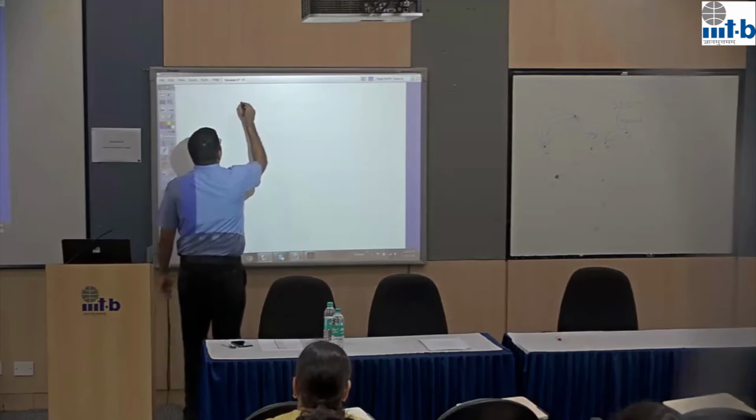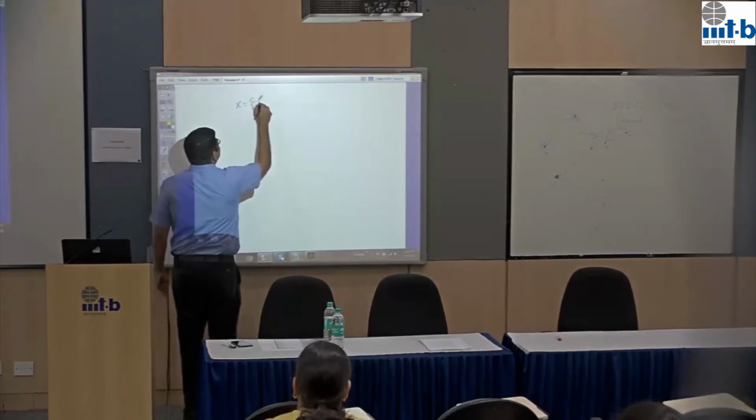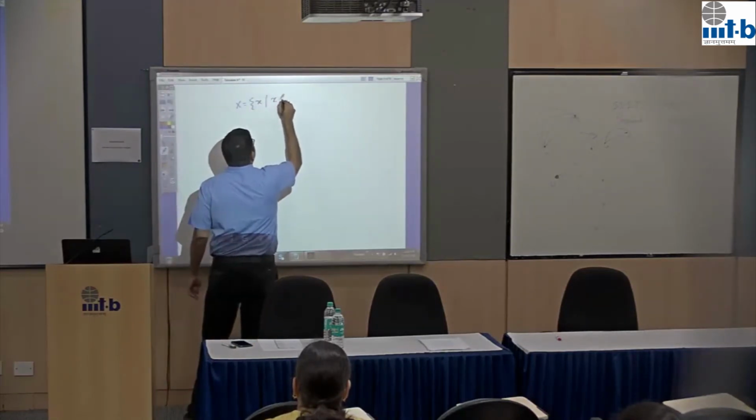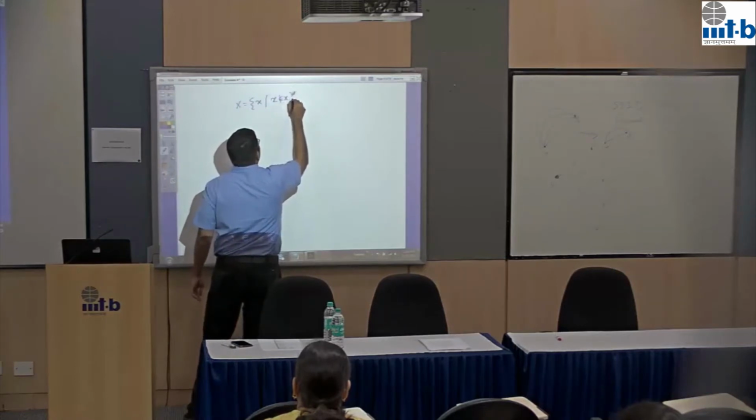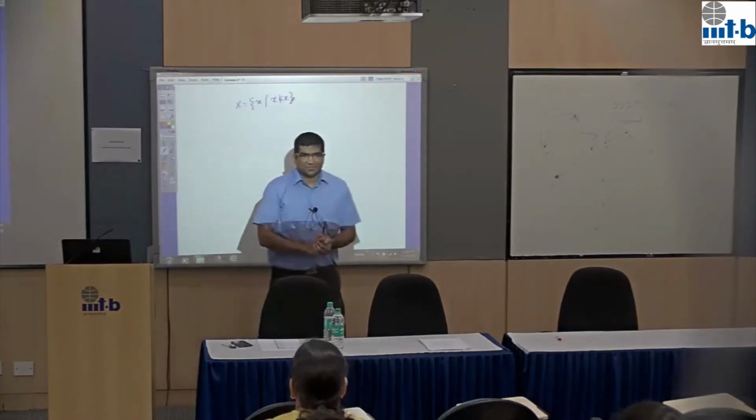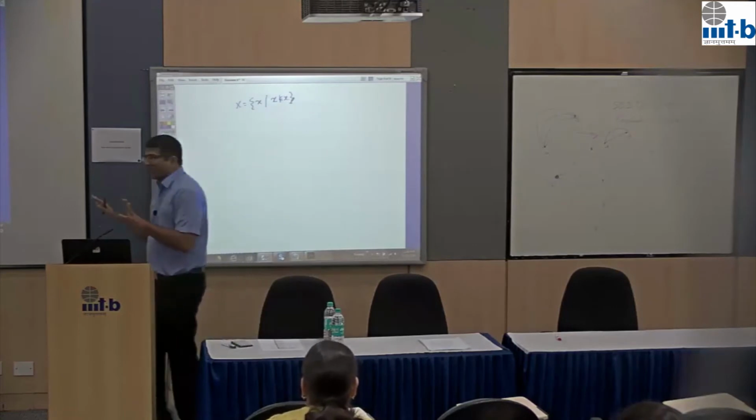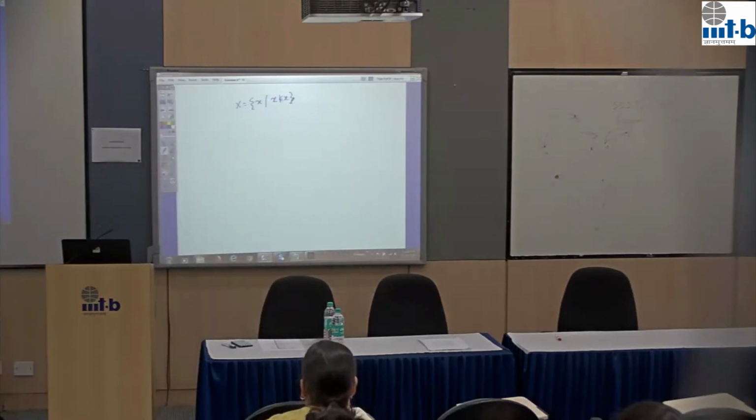A well-behaved set is the set of all sets X such that X is not a member of itself. So a well-behaved set is where I don't contain myself. I don't start eating myself. It can contain other sets, you can eat others, you just don't eat yourself.